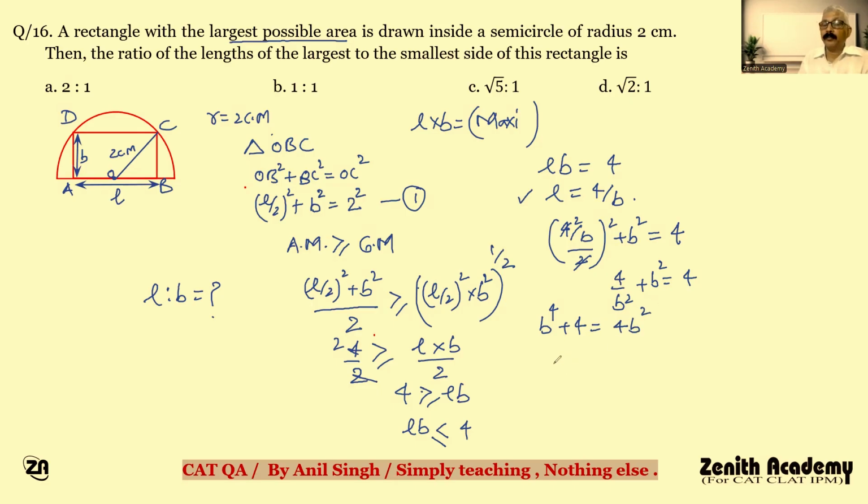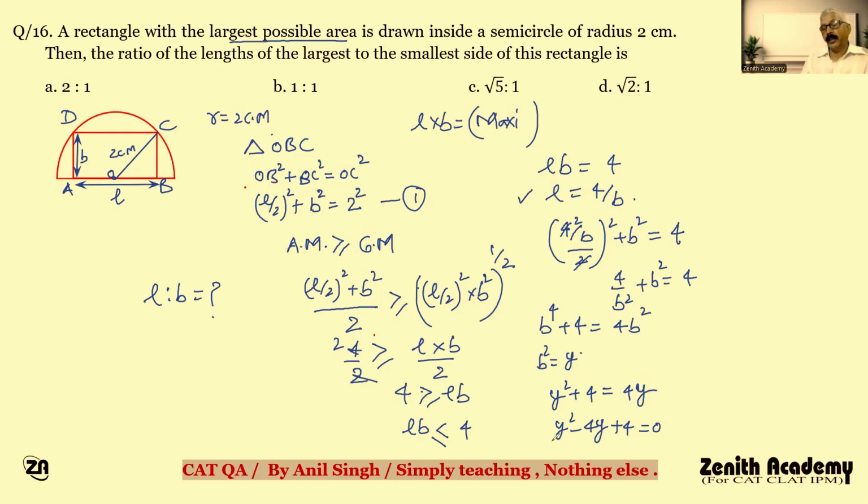So if I take B square is equal to Y, then it is Y square minus 4Y plus 4 is equal to 0.